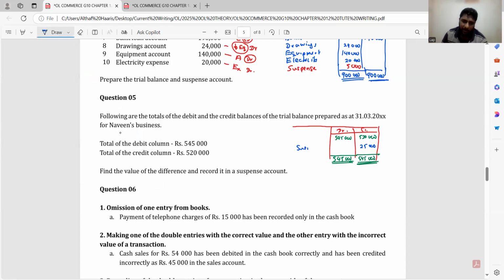we will put it to the suspense account. So for the suspense account, we have to put 25,000 to the credit side, because it is coming to the credit side.